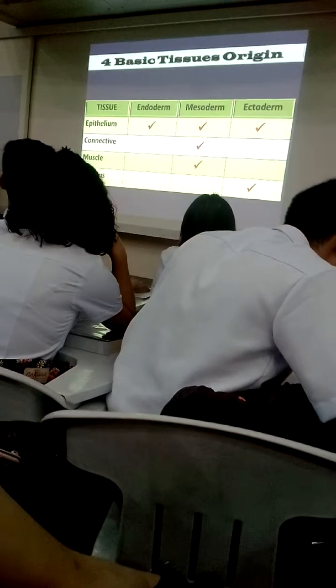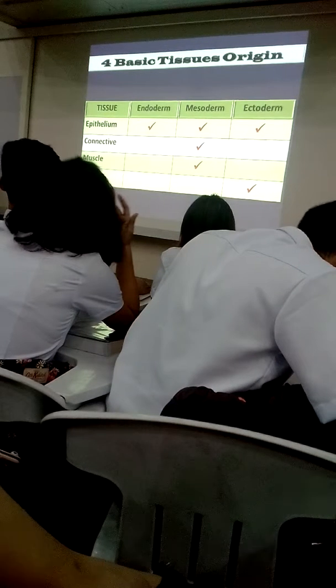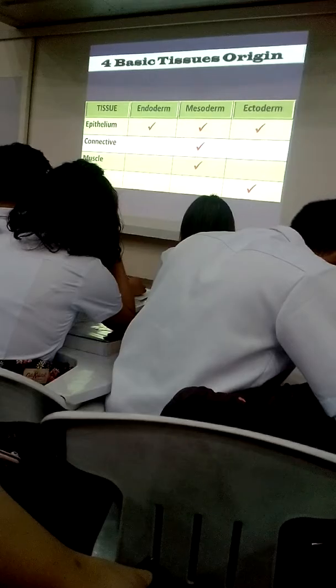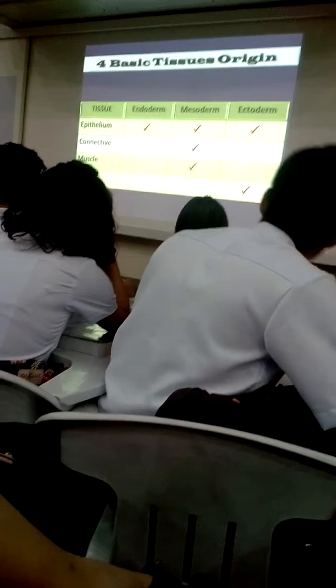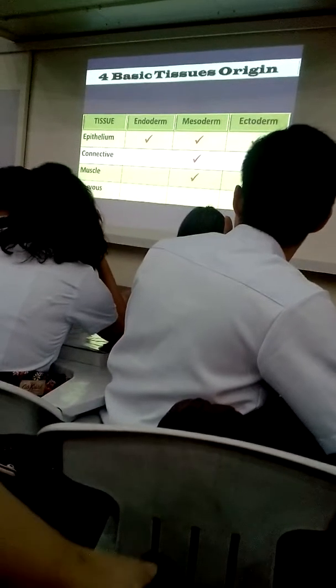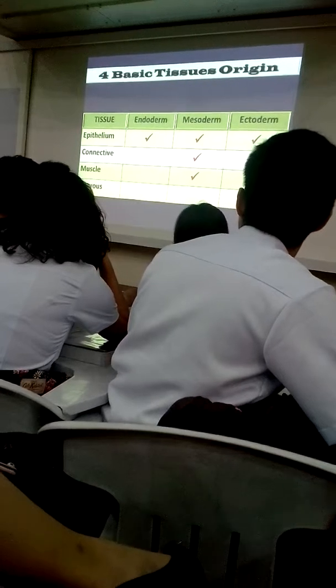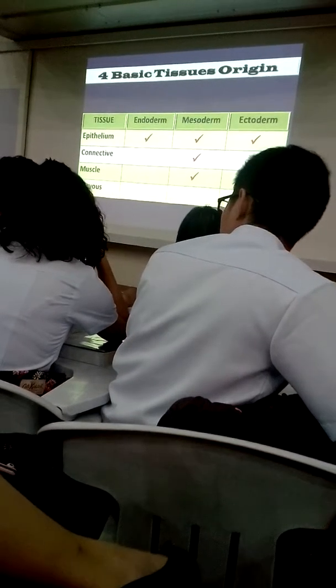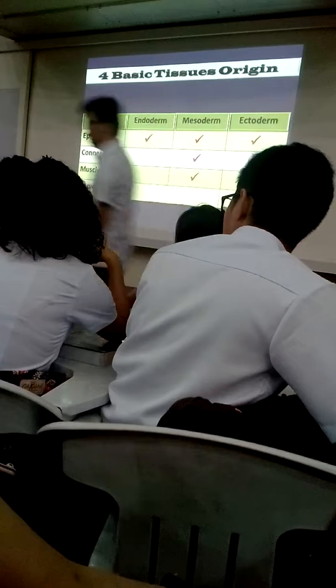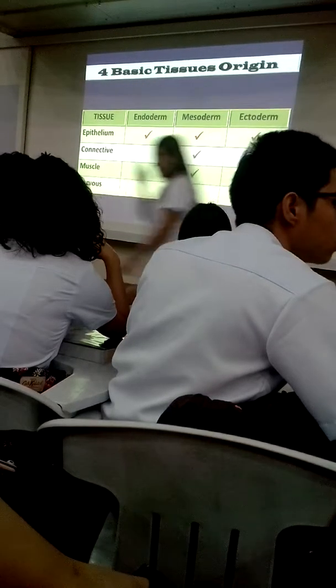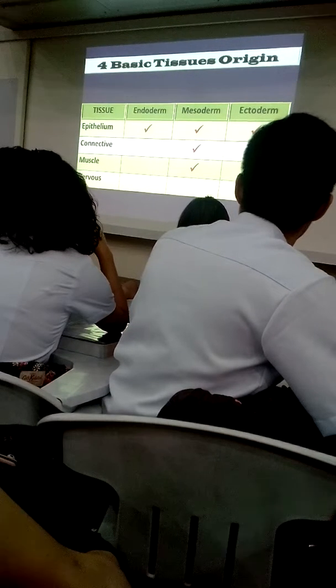Okay, so this is important. I think this is in your lab manual, if you went through your lab manual already. These are the 4 basic tissues and their germ layer origin: the endoderm, mesoderm, and ectoderm.